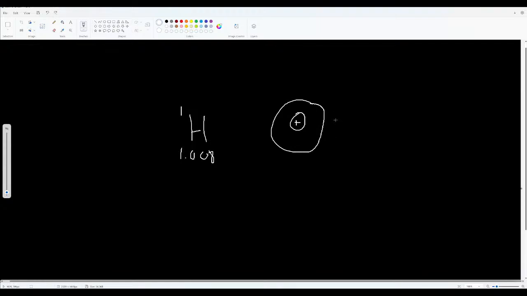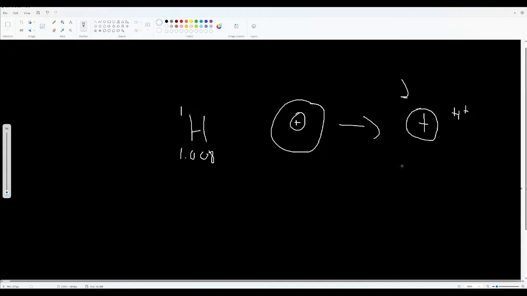So when hydrogen loses an electron, it's H plus, which makes sense. But look at what's left behind when we lose that electron. Nothing. It's just a proton, right? So when hydrogen is ionized, what's left is a proton.